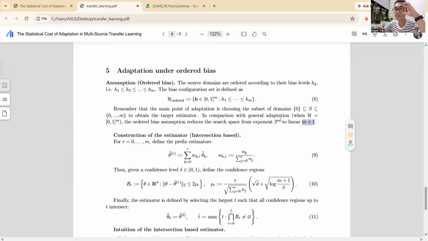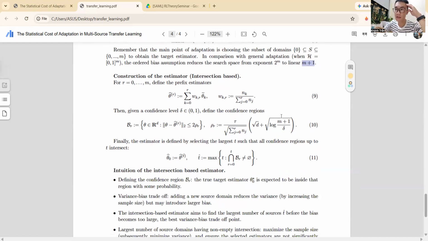So to construct the estimator, they use the intersection base. We have the estimator theta tilde k for all the domains, including the target and the source.